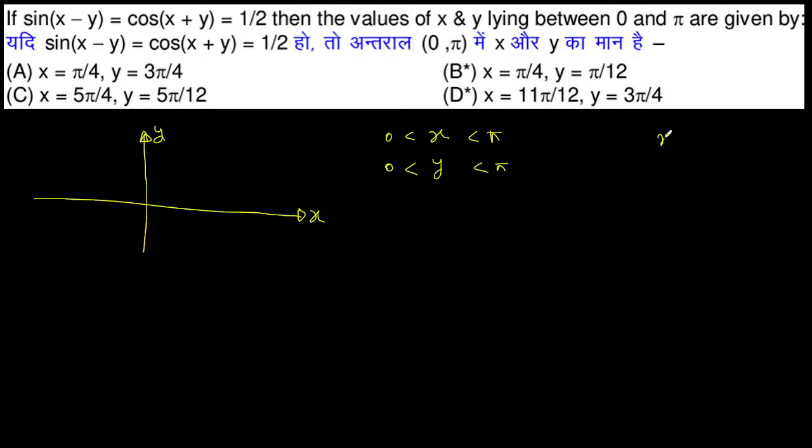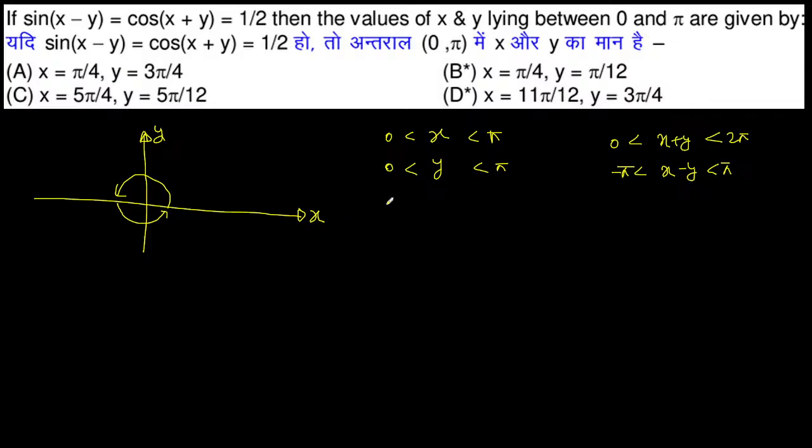So x plus y can go from 0 to 2 pi, and x minus y can go from minus pi to plus pi. So it is from minus pi to plus pi. That means it is 360, 360, 360.